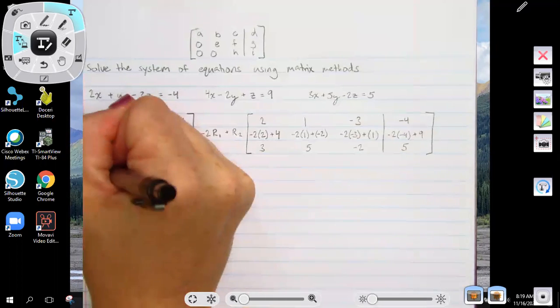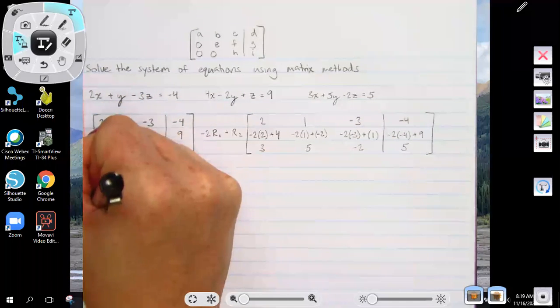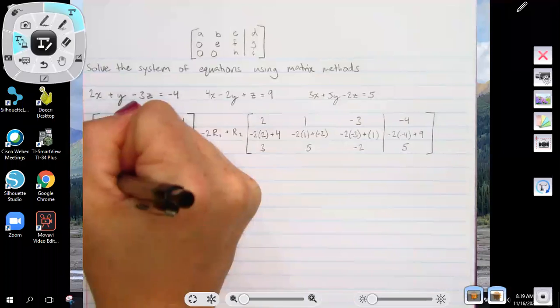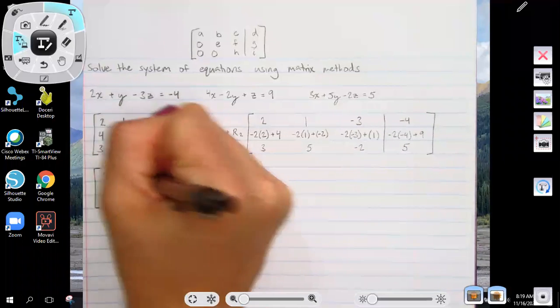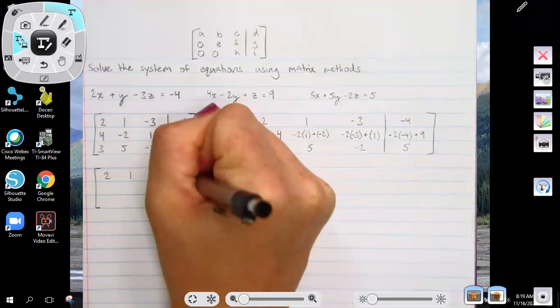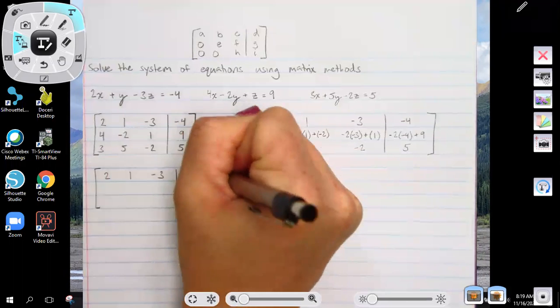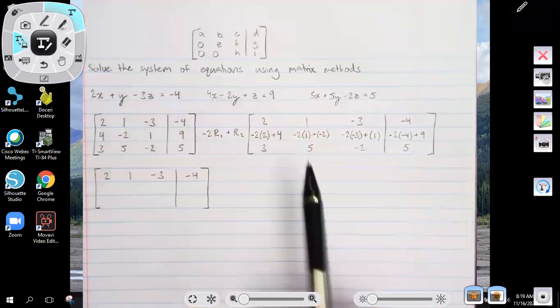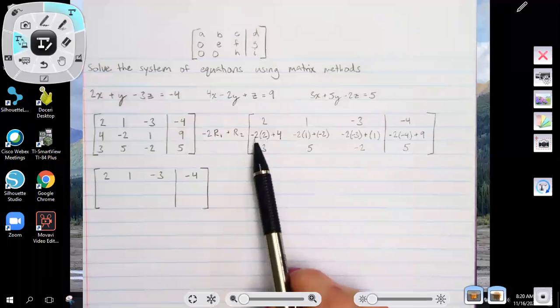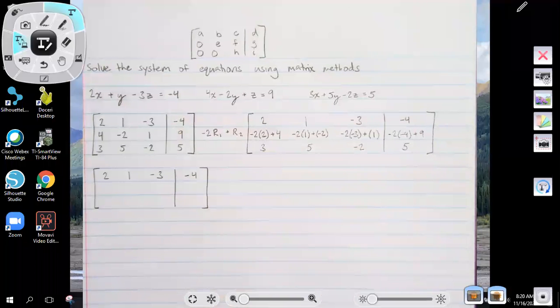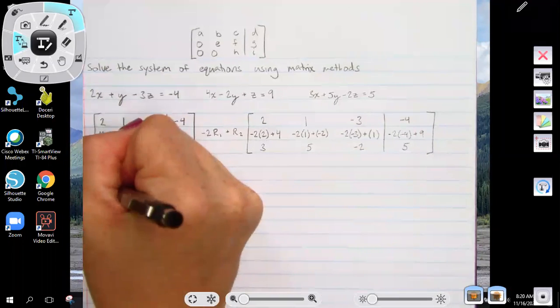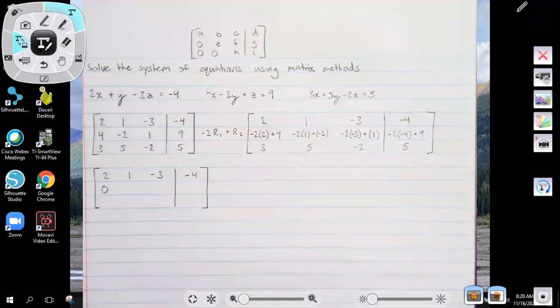Okay. The next step is just to do that little bit of math in the second row. So the first row is staying the same, 2, 1, -3, -4. And then the second row, we've got -2 times 2, which is -4, plus 4, which is 0. That's what we wanted to happen. We did that on purpose. So if you didn't get a 0 here, you did something wrong.